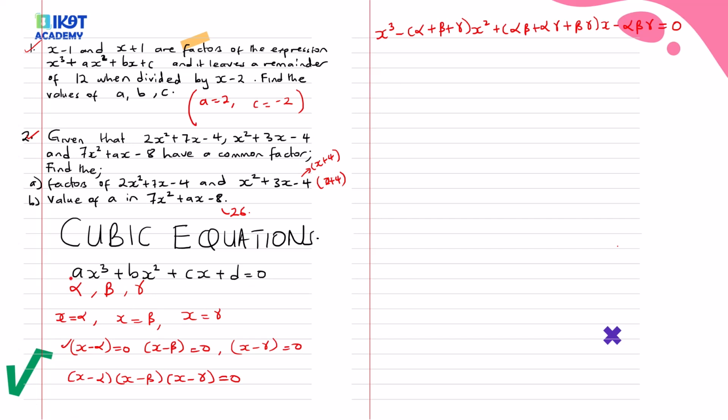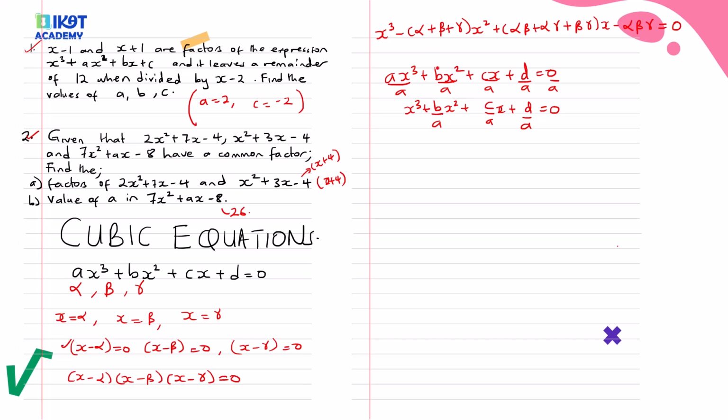Now from this, we say the standard form is ax cubed plus bx squared plus cx plus d is equal to 0. So we can divide through by a. So what do we have? This is x cubed plus b out of a x squared plus c out of a x plus d out of a is equal to 0. Now we can equate coefficients.